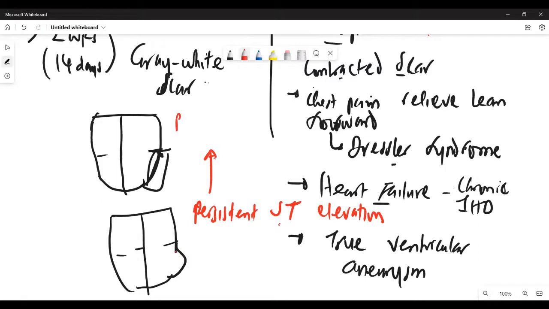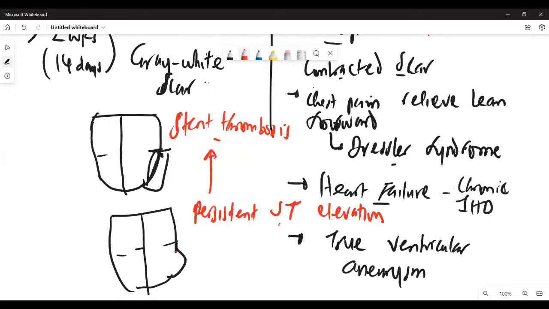So let's say you put in a stent there, this could be a stent thrombosis. So somebody who is having new ST elevation in the context of chest pain, right? An elevated cardiac enzyme, it may probably be that the stent that was put in is now thrombosed. So that's something that we need to remember.